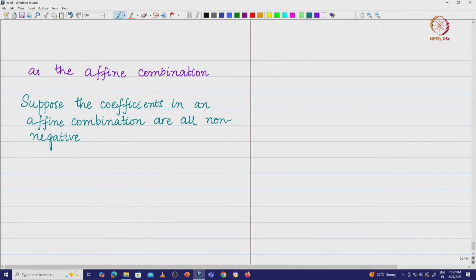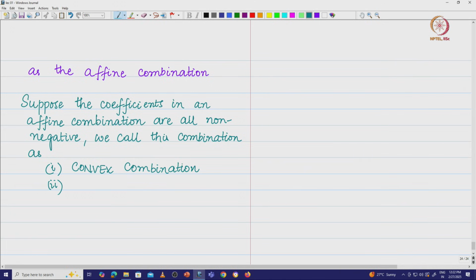We call this combination a convex combination, or it is also called the weighted average. Right. This is something interesting.